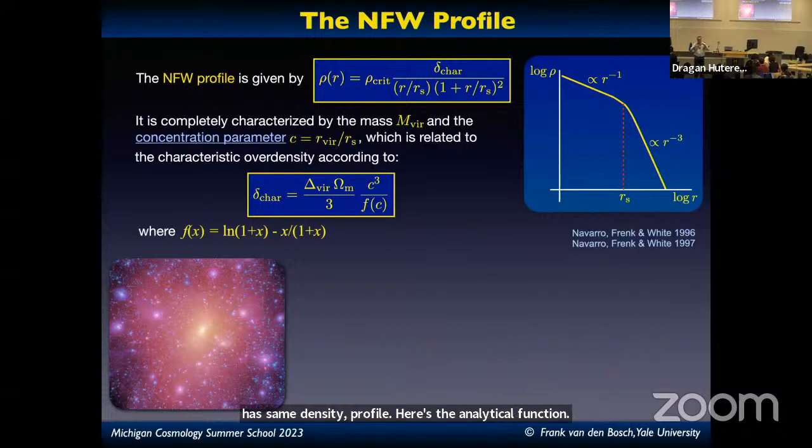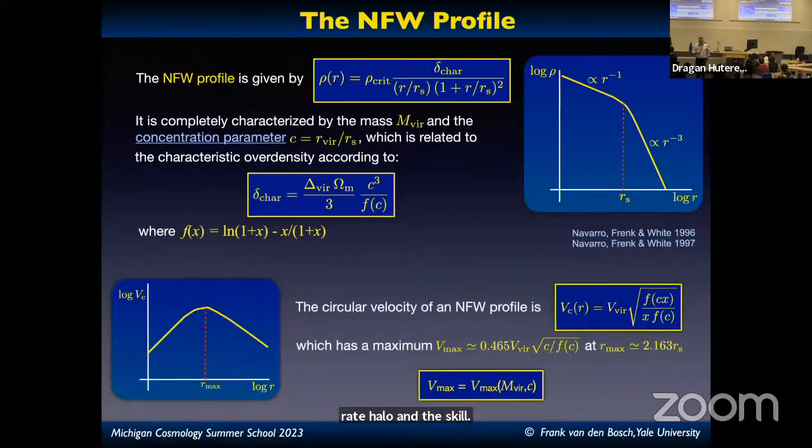That's where you have the transition, and the ratio between the virial radius, or the extent of the halo, and the scale radius is known as the halo concentration parameter. If you want to look at the circular velocity curve of one of those halos, okay, it rises, it has a maximum, and then it comes down. That maximum, you can show, happens at about 2 times the scale radius.